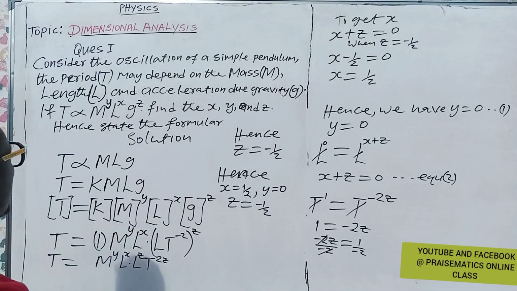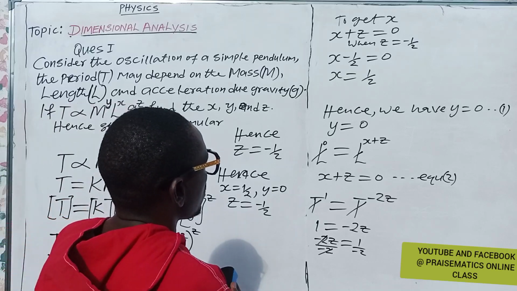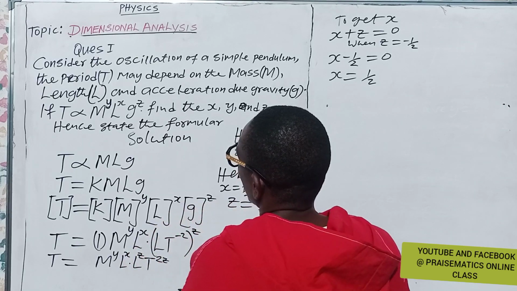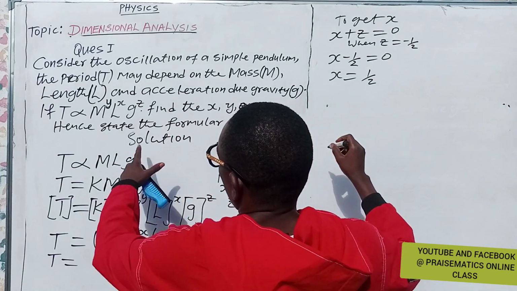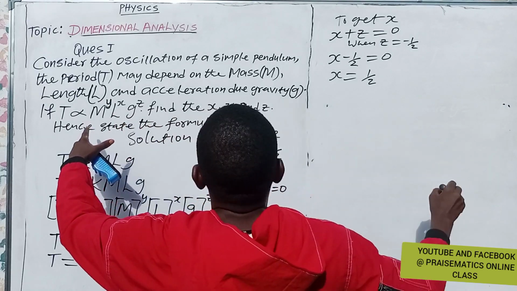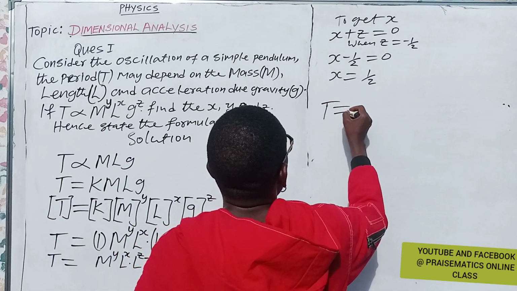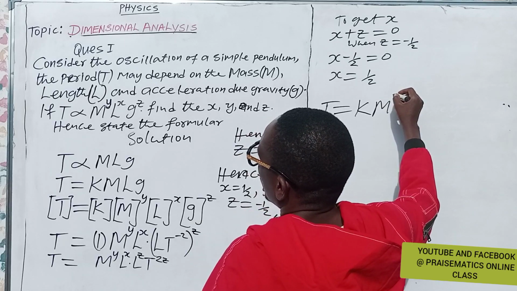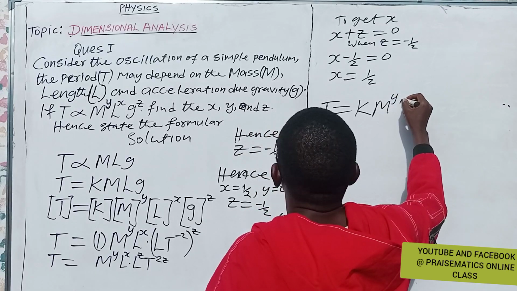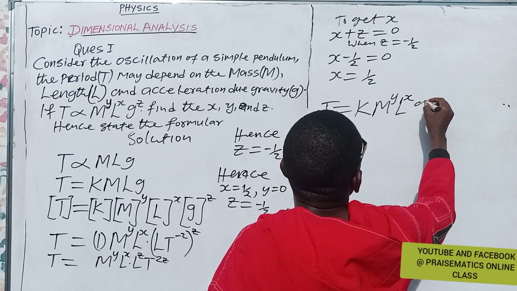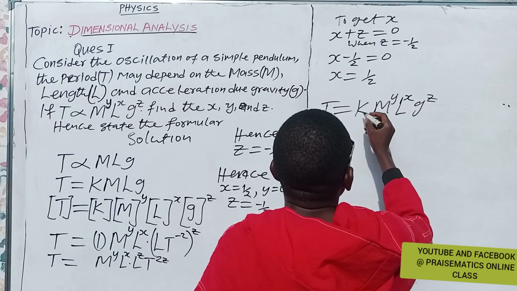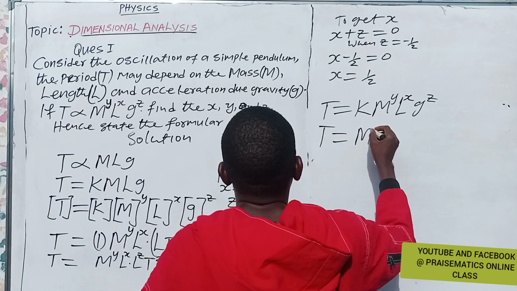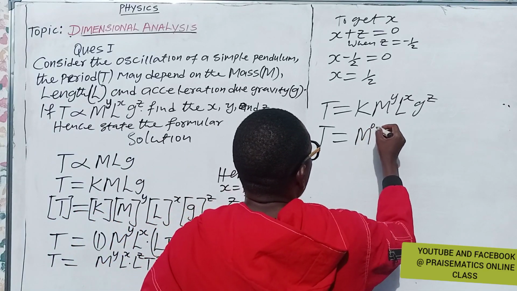So now let's go back to the equation where they gave us this. It means that we have succeeded in getting our x, y, and z. So from this place, the formula will be T is equal to k times M raised to power y, L raised to power x, and g raised to power z. Now k is 1, which we know. M raised to our y is 0.